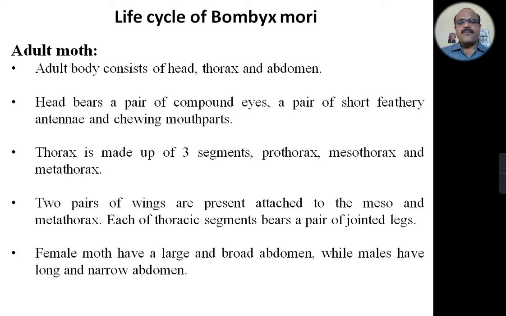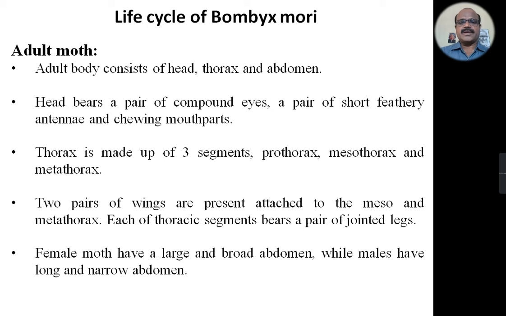The 2 pairs of wings are attached to the meso and metathorax. Each thoracic segment bears a pair of jointed legs. Then the female moth has a large and broad abdomen, whereas the male moth has a long and narrow abdomen.